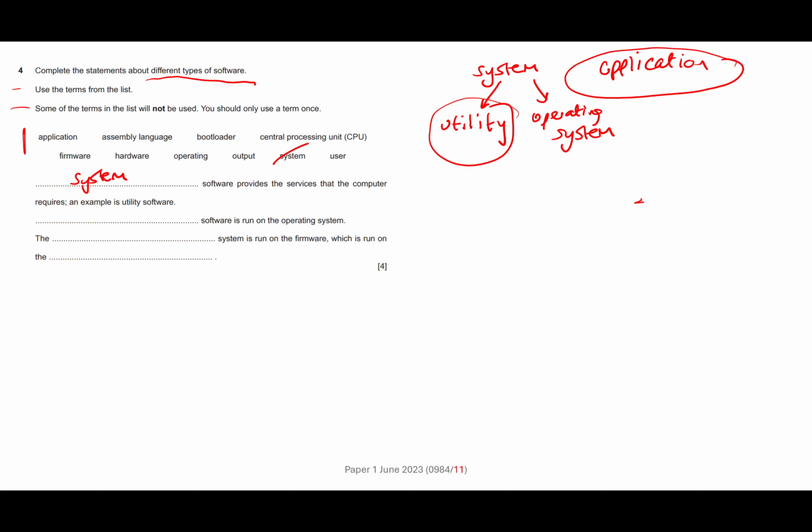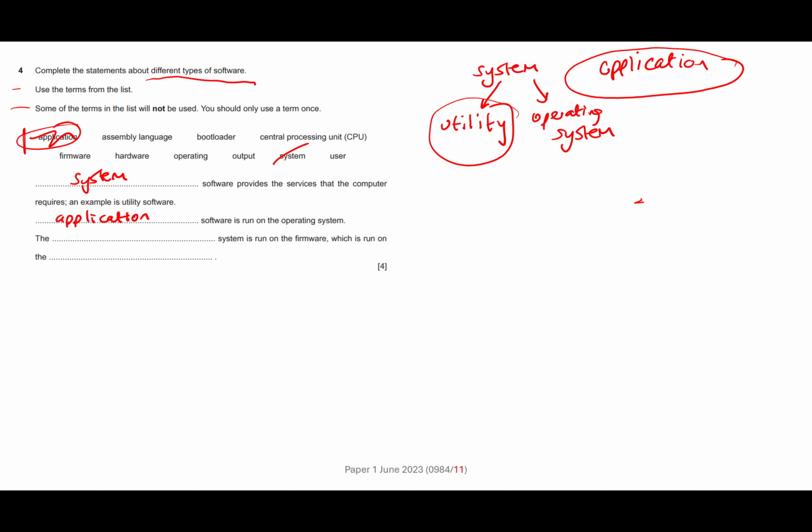We have application here. Application software is run on the operating system. When you start up your computer, the operating system will load, and on top of the operating system, your applications can run. So we have application software.